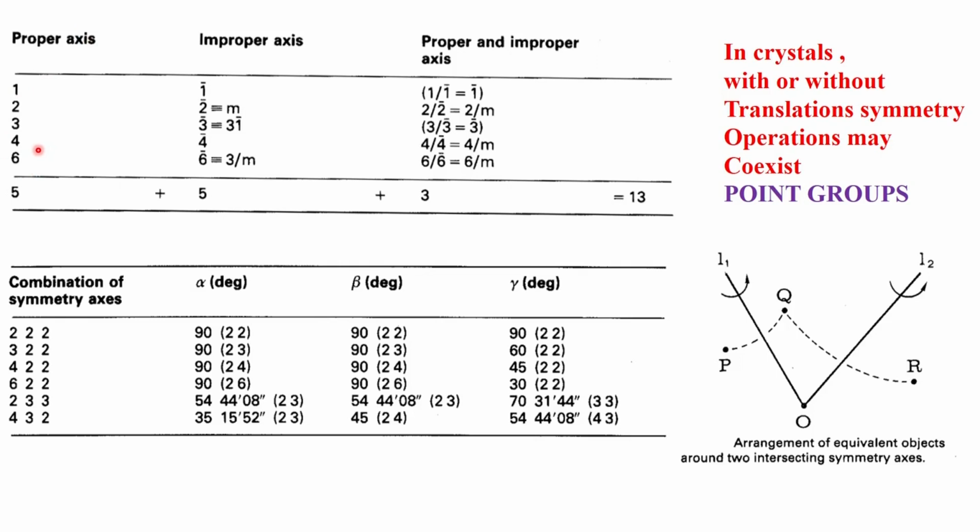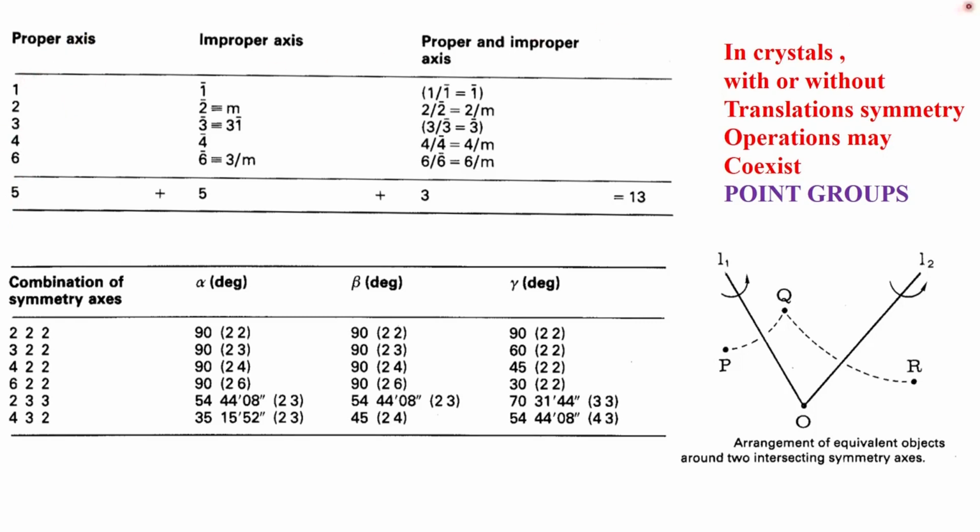So, objects of direct congruence only will correspond to these proper axis systems. So, a total number of 5 such proper axis alone point groups that we will generate in a given crystal system.